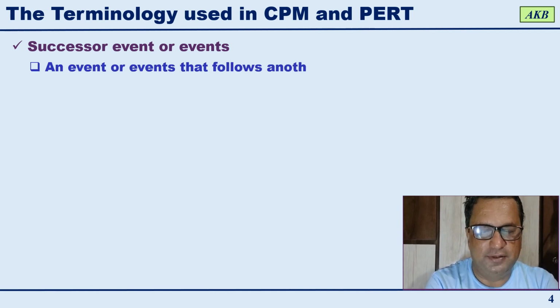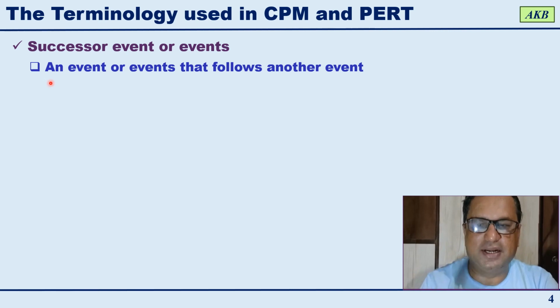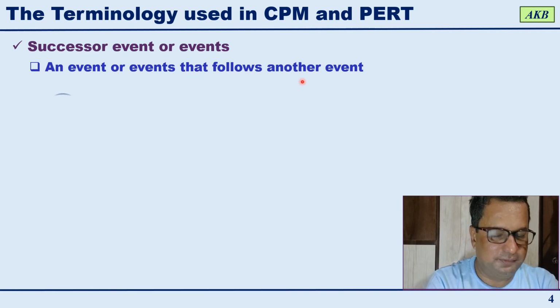An event or events that follow another event. We are talking about an event that is coming after some other event. That's why we have defined it like this: an event or events that follow another event.